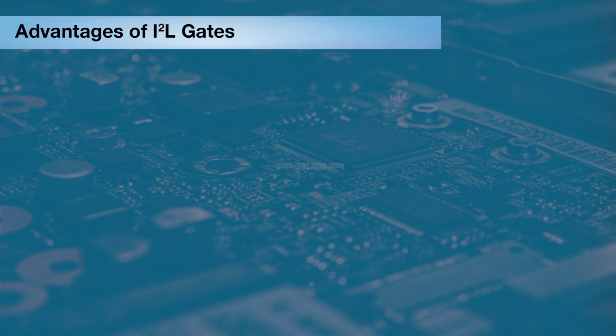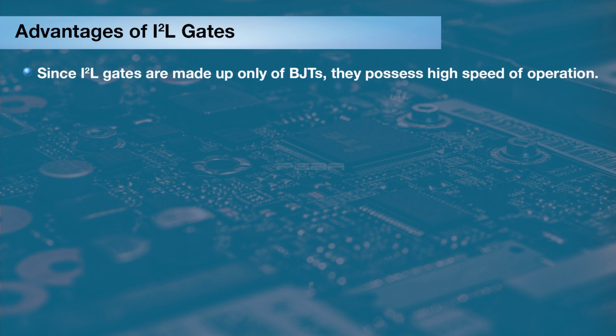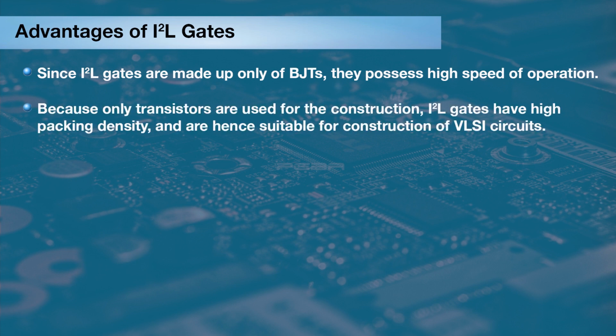Advantages of I2L gate: since I2L gates are made up of only BJTs, they provide high speed operation. Because only transistors are used for construction, I2L gates have high packing density and are hence suitable for construction of VLSI circuits.